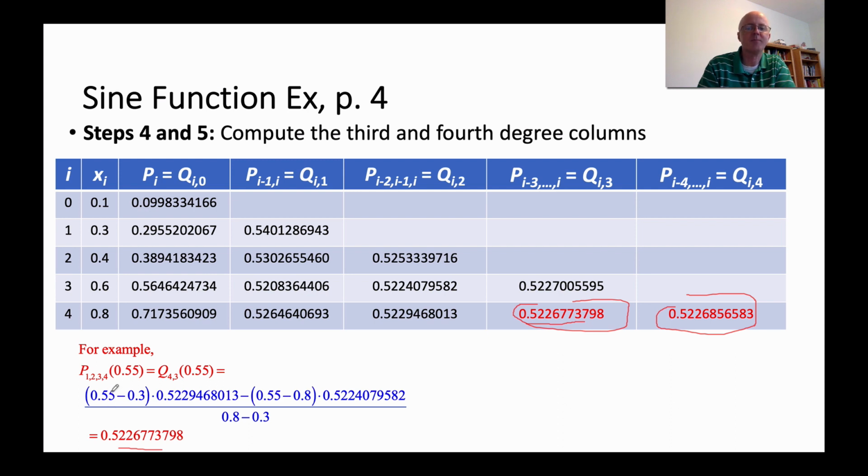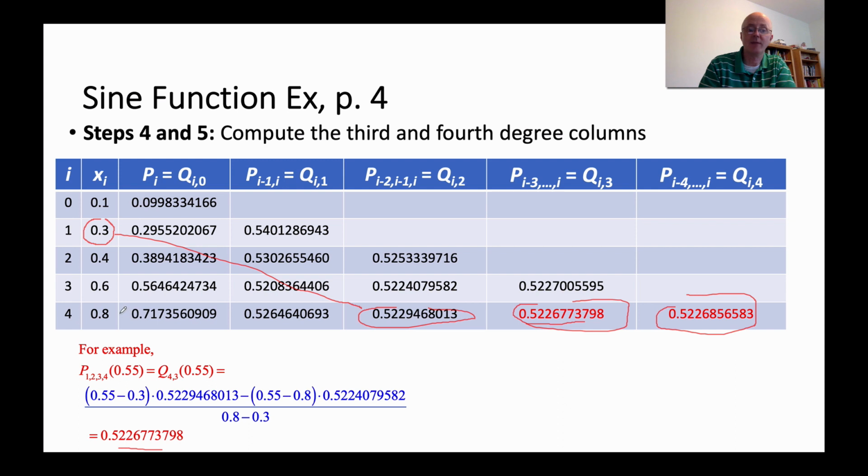0.55, our x value, minus, now we're using the 1st node and the 4th node here with this notation. Go between 1st and 4th. 0.55 minus 0.3 times this number here. That's going to be the first diagonal. We're always using the previous column for the numbers that go here and here.